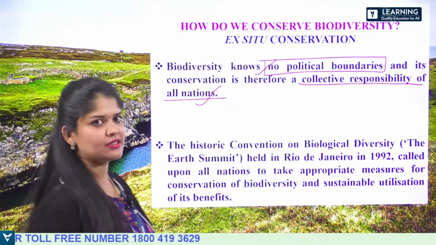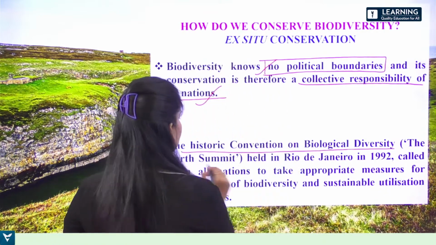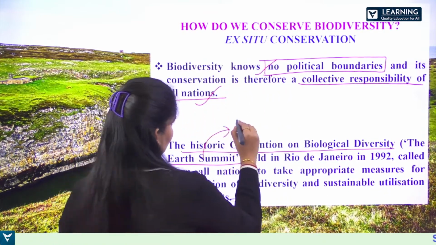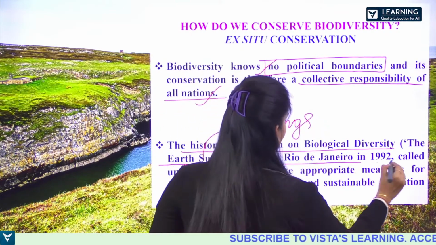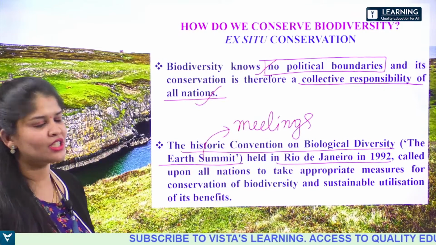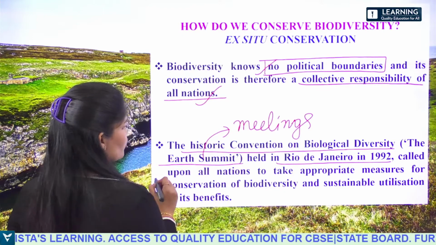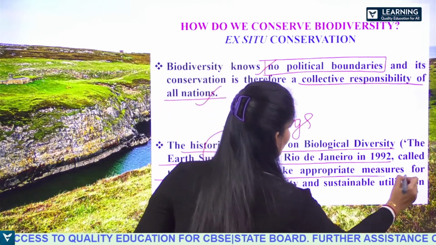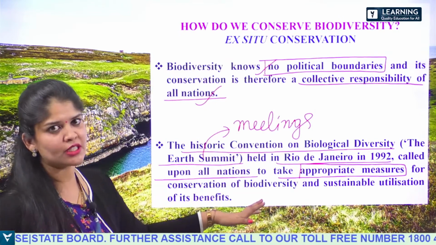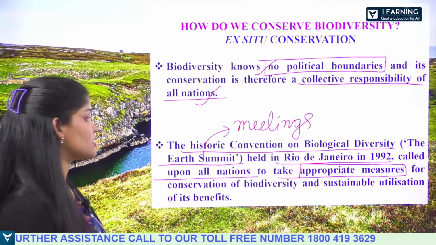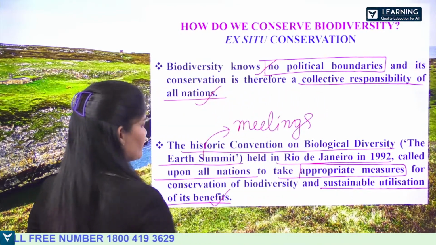The historic Convention on Biological Diversity, the Earth Summit, means the conference, held in Rio de Janeiro in 1992, called upon all the nations to take appropriate measures for conservation of biodiversity, to reduce the loss that is happening to the biodiversity and to increase the sustainable utilization of its benefits.